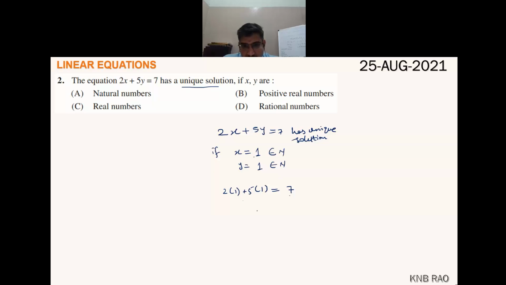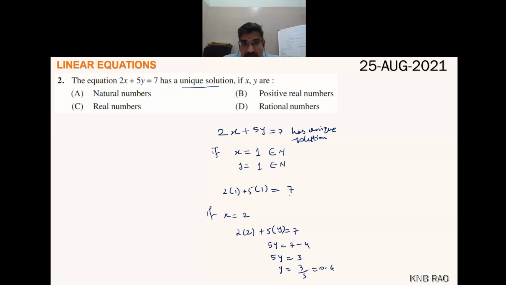Other than x is 1, if you consider any natural number for x, let's say 2, then 2 times 2 plus 5 times y equals 7, it becomes 5y equals 7 minus 4, 5y equals 3, y equals 3 upon 5, which is 0.6.